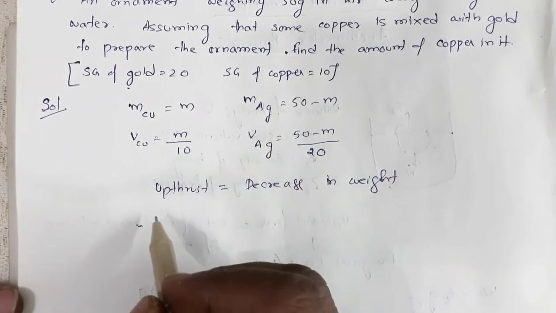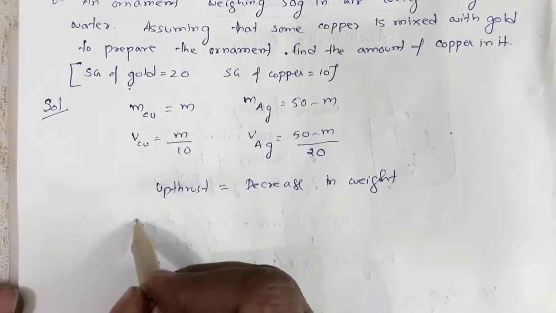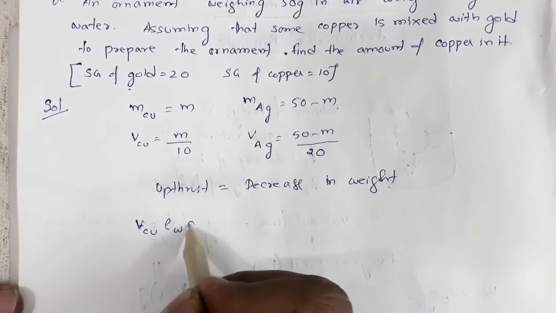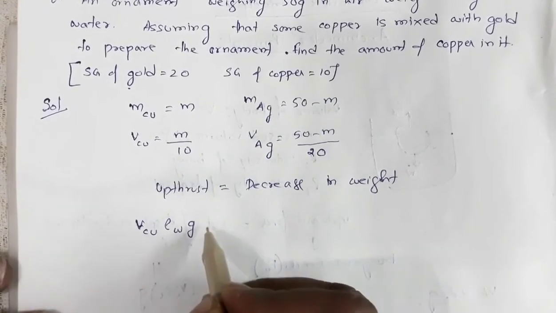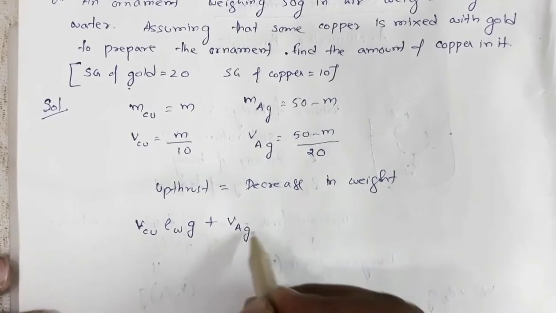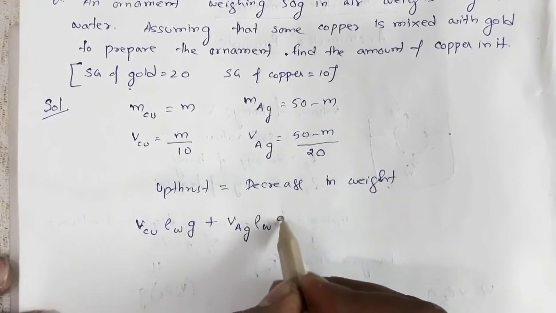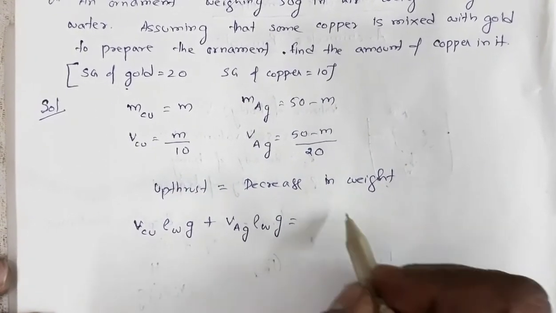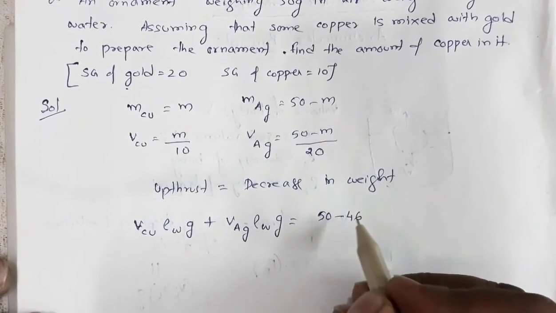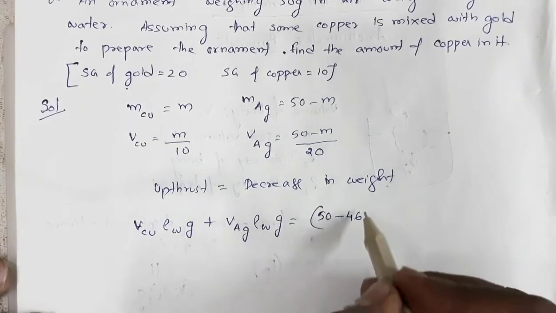Upthrust due to the copper part is Vc times density of water times g. Upthrust due to the gold part is Vg times density of water times g. This is equal to the decrease in weight. How much is the decrease in weight? 50 minus 46.